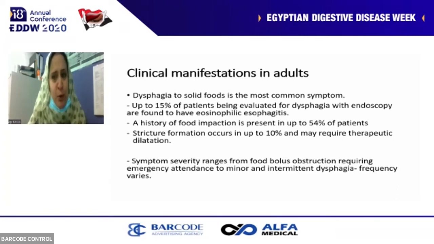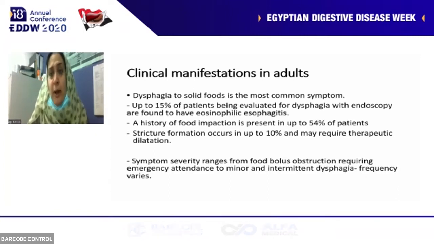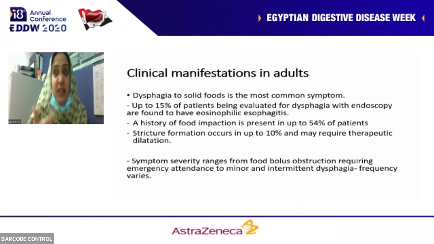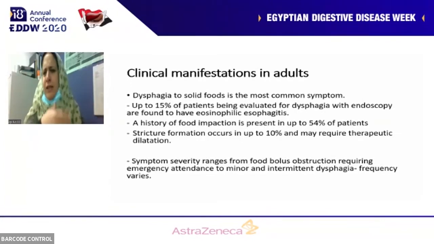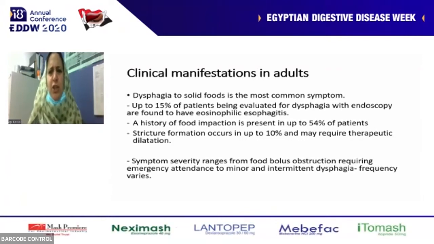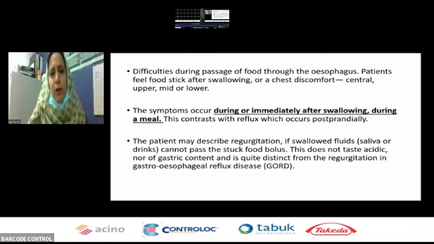It can happen with the inflammation as well, and there could be some dysmotility problems as well. Stricture formation in up to 10%. And the symptoms vary. It can be very mild, intermittent, just very occasional, grading up to forming strictures, significantly affecting the quality of life.